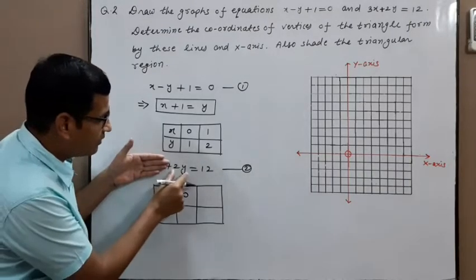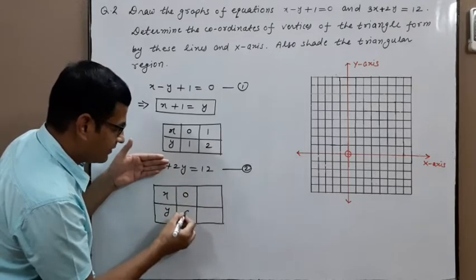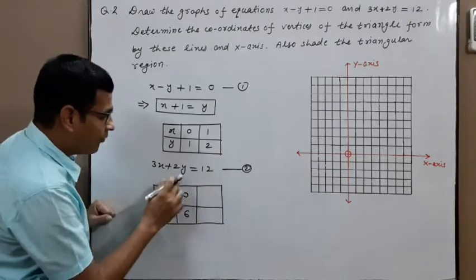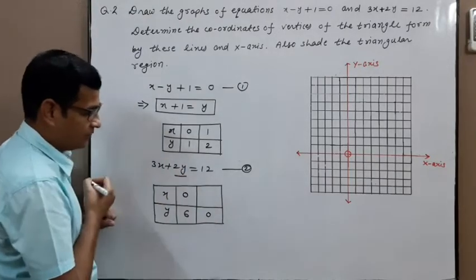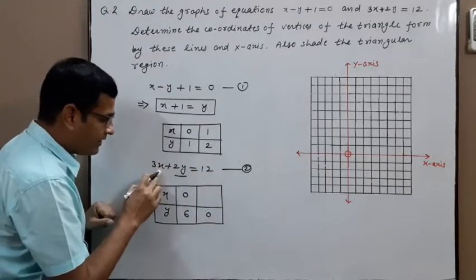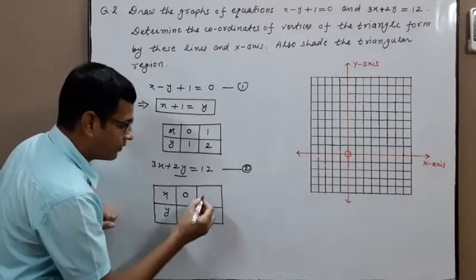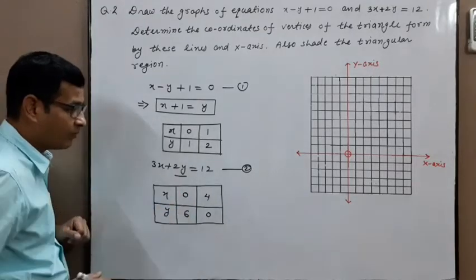So we get only 2y equal to 12, so y equal to 6. Now put y equal to 0, so this term is 0. 3x equal to 12, so x equal to 12 upon 3, which is 4. So we get 2 points, (0, 6) and (4, 0).